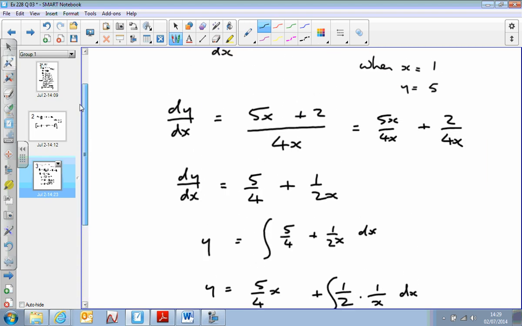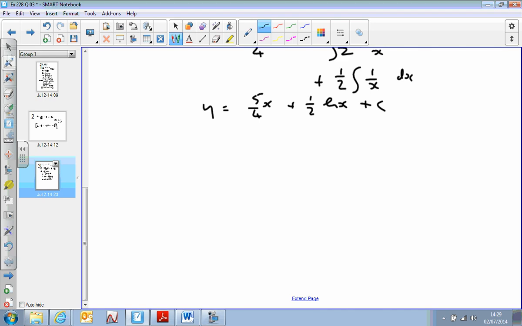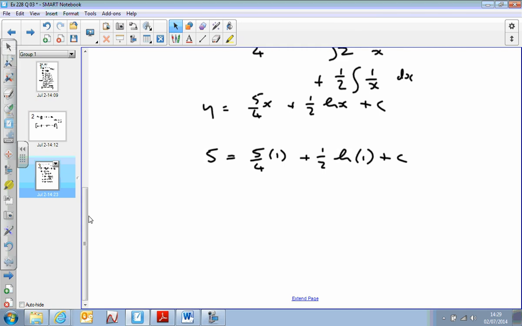And now I put my values in: when x equals 1, y equals 5. So 5 equals 5 over 4 times 1 plus a half log 1 plus c. Well, the log of 1, logs are powers. Anything to the power 0 is 1, so the log of 1 is 0.